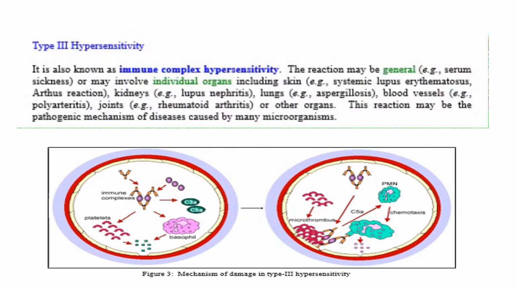They are mostly of IgG class, although IgM may also be involved. The antigen may be exogenous, like a chronic bacterial or viral or parasitic infection, or endogenous, like non-organ specific autoimmunity. The best example here is systemic lupus erythematosus.